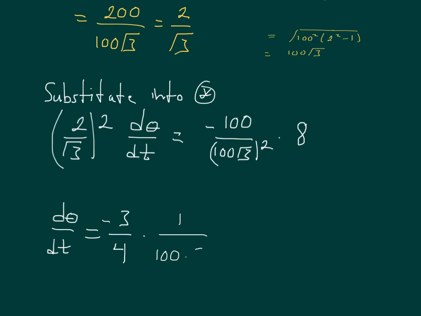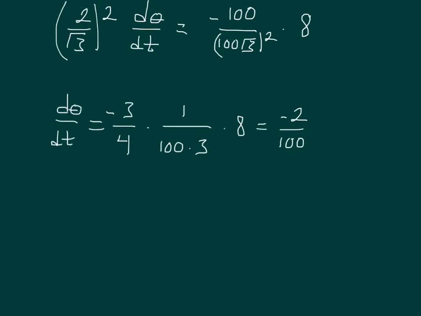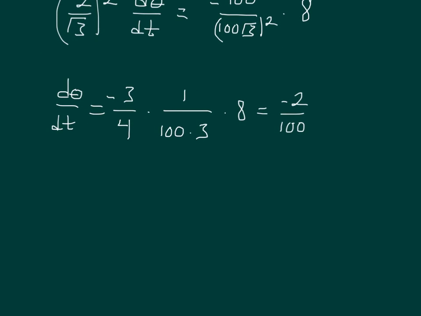I still have that times 3 and times 8. And now, canceling the 3's and the 4 with the 8, we'll have minus 2 over 100. And this is equal to minus 1 over 50, and this is the rate at which that angle theta is changing. So this is measured in radians, and this is per second.